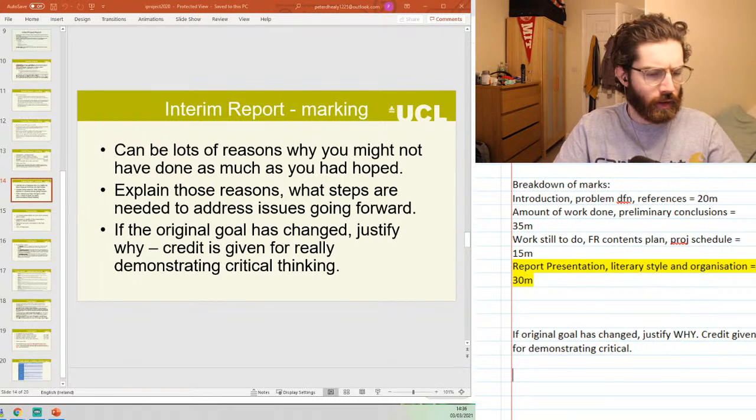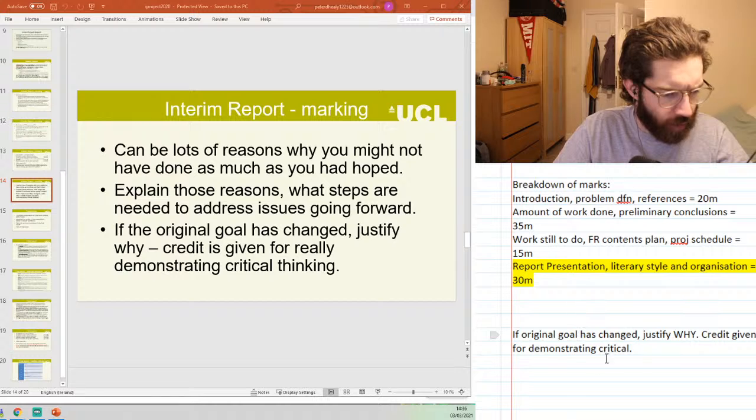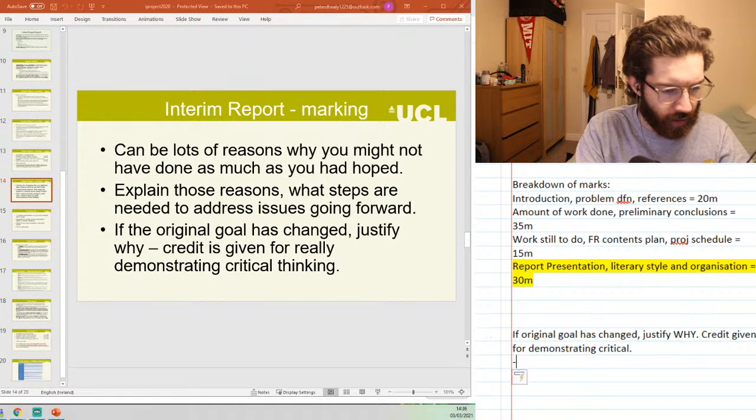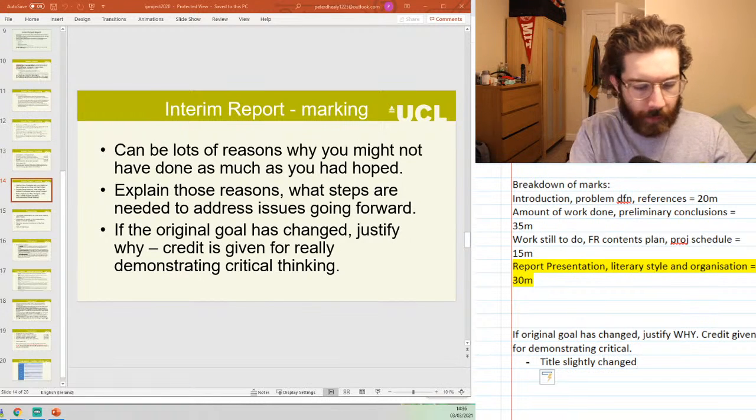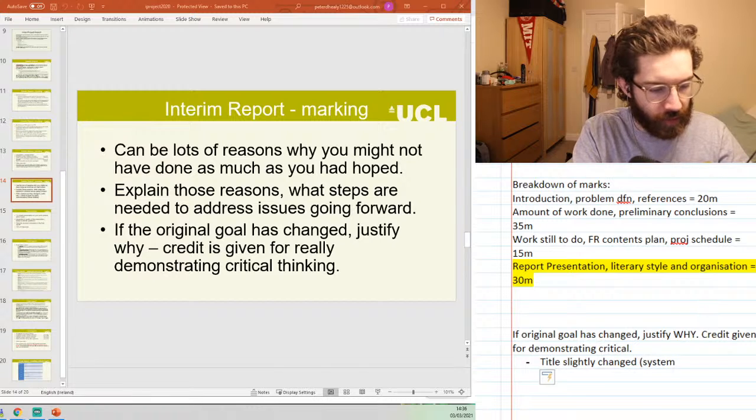Okay. So what was I saying here? If original clothes change, yeah. So two things I can say that have changed here: the title slightly changed, from systems engineering approach to a feasibility study.